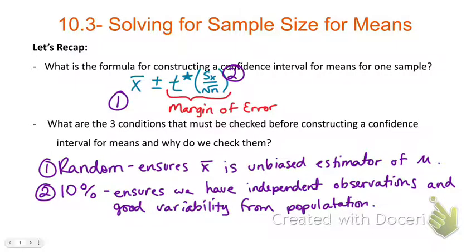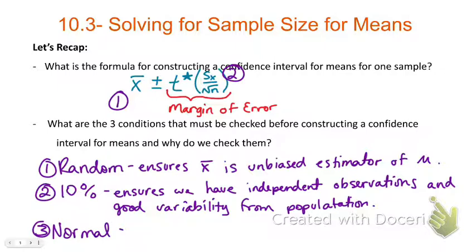Yeah, that's perfect. Couldn't have said it better myself. Standard deviation, we've got good variability. We've got a good sample size, or not sample size, we've got a good representation from the population.